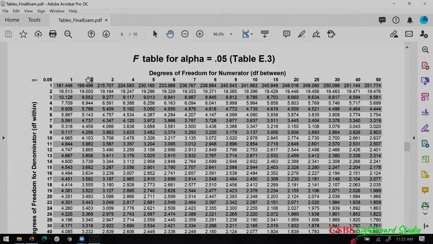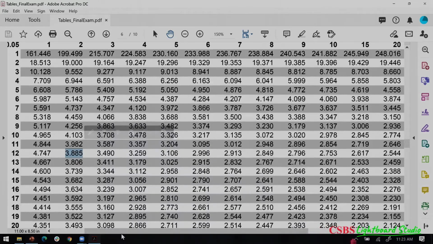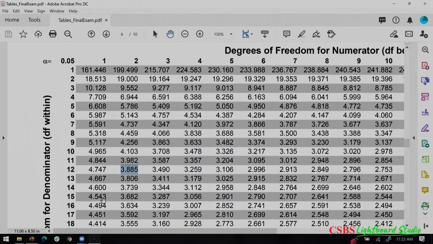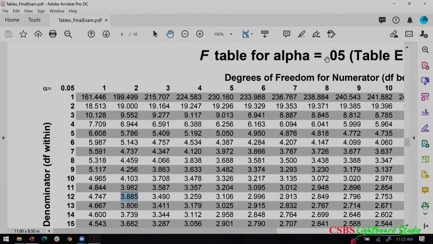So I'm going to go down this 2 column to the 12 row, and I'm going to find this 3.885 number, which is my F critical value at alpha equals 0.05 with 2 and 12 degrees of freedom. That's how this works. You find the between groups degrees of freedom across the top, within groups degrees of freedom along the side, and you find where those two meet, and that is your critical value.